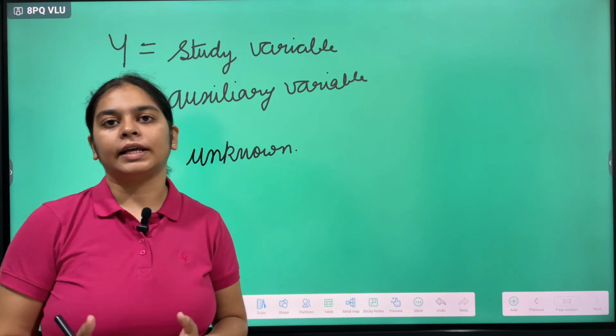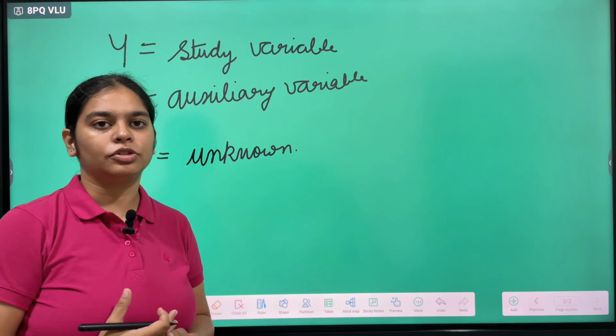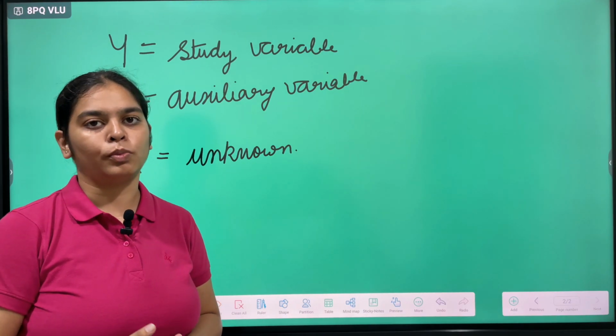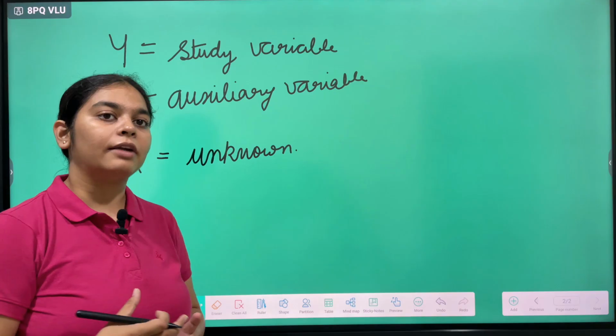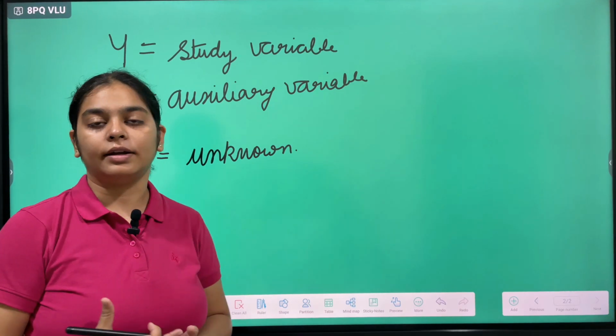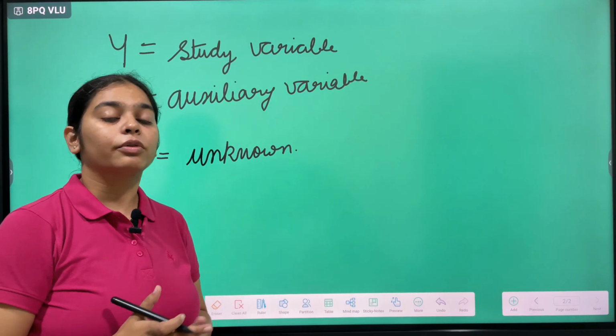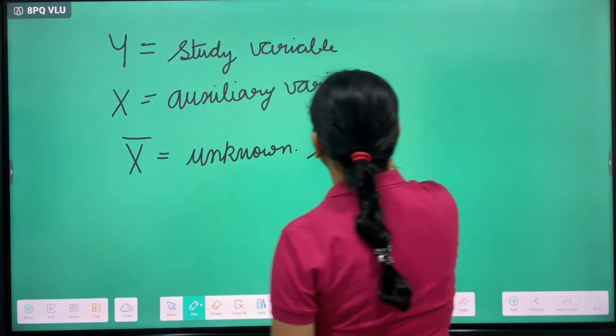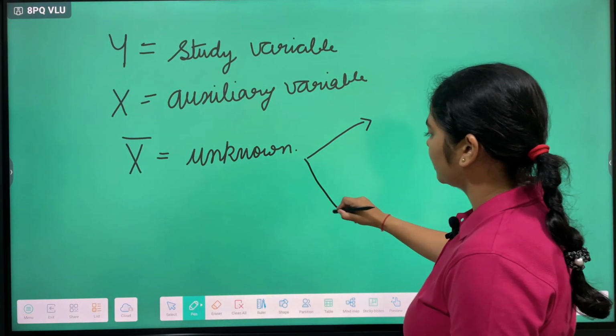For this, firstly, we will divide our sample into two parts. Firstly, we will take the sample from the population of a bigger size, suppose small n, and then from that we will take a subsample of size n dash. So from the first sample, now when x bar is unknown, there arise two cases.